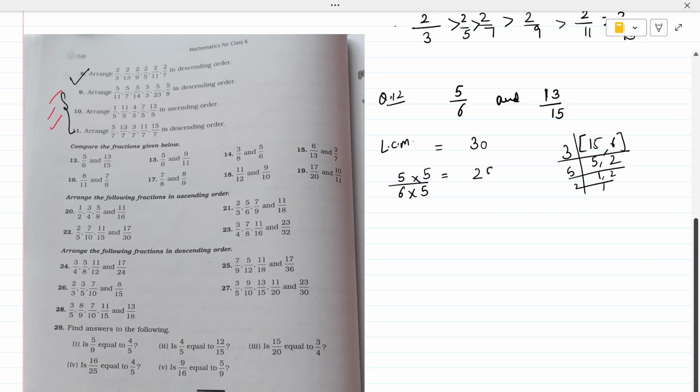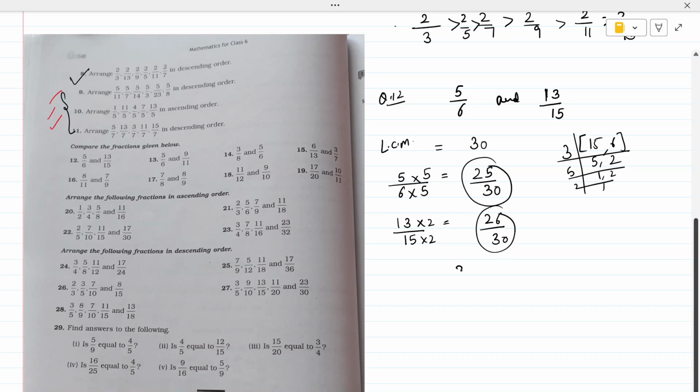So we have 25 by 30 as the first fraction. Then 13 by 15, multiply with 2 on top and bottom, so we get 26 by 30. The two fractions we have now are 25 by 30 and 26 by 30.